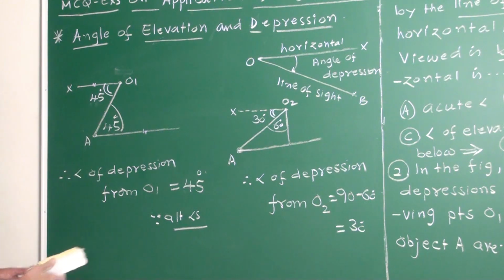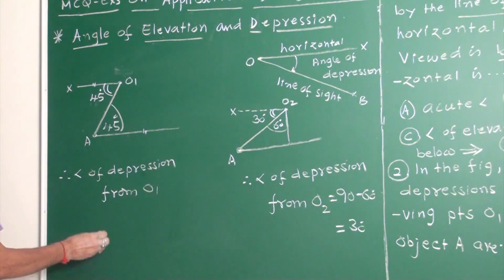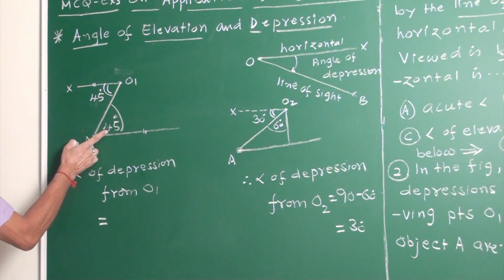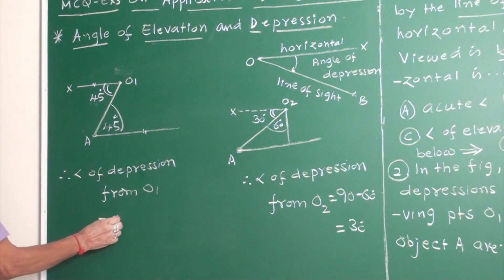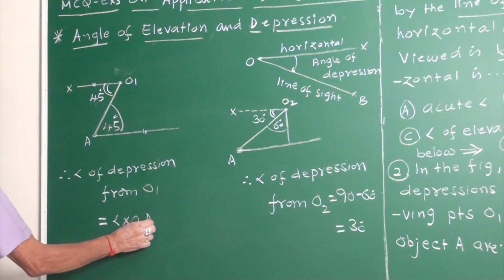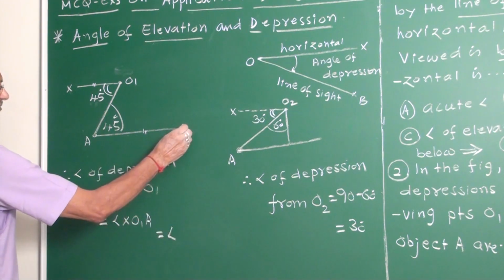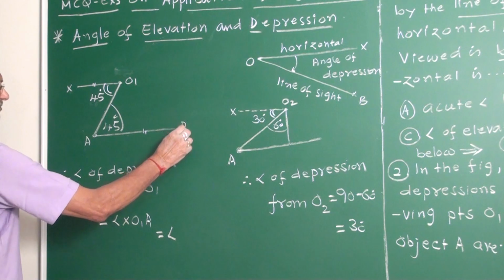Otherwise, if you wanted to write one line more, angle XO1A is equal to what? You can take this as B, my friend.